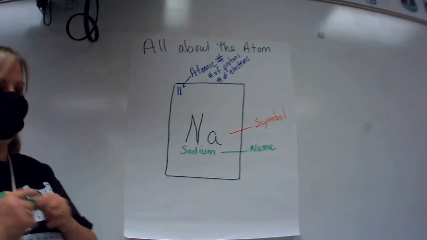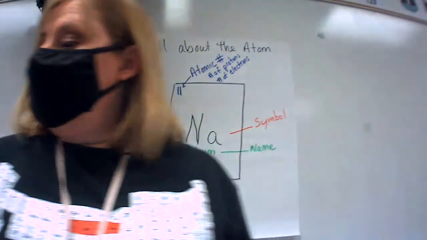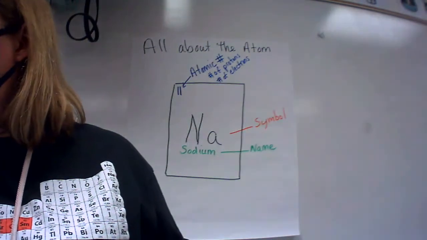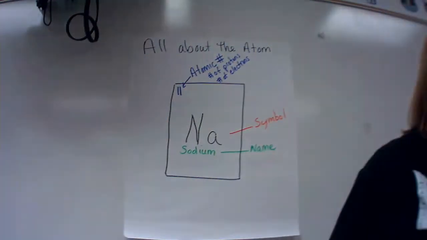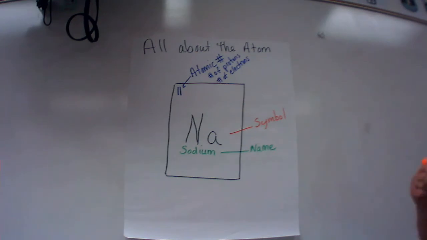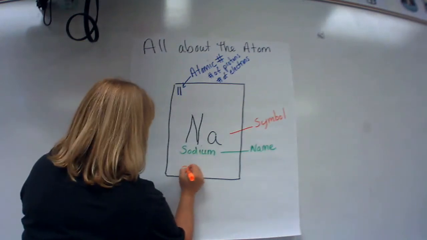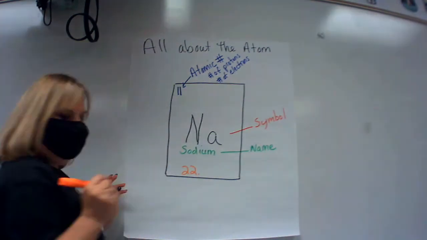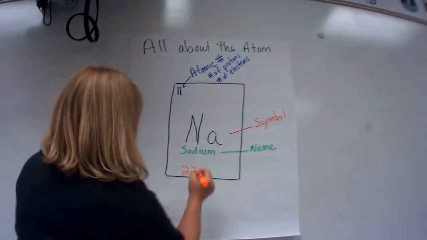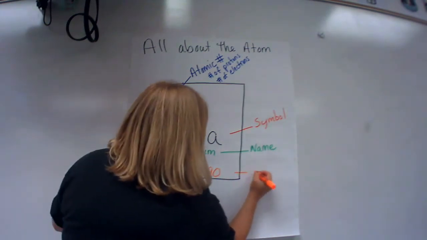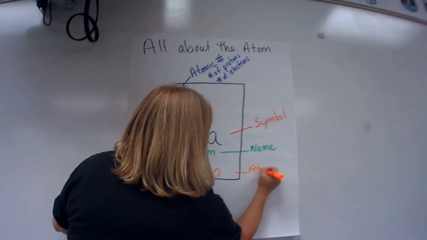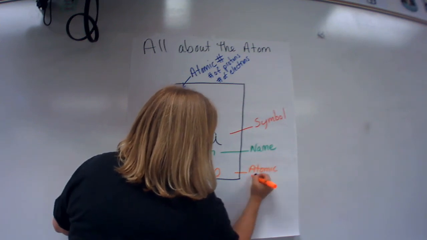It's like Latin or something like that. I don't know Latin very well. And lastly, at the very bottom, it has some numbers: 22.990. This is called the atomic weight.